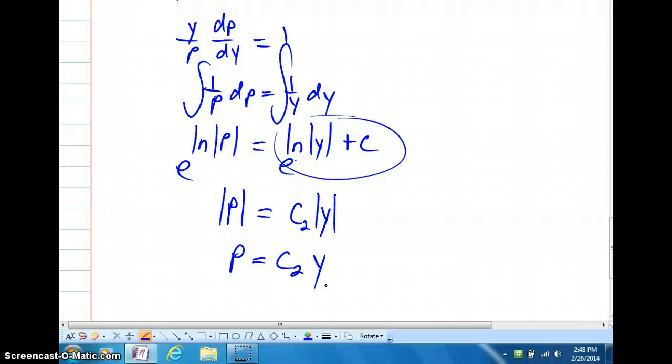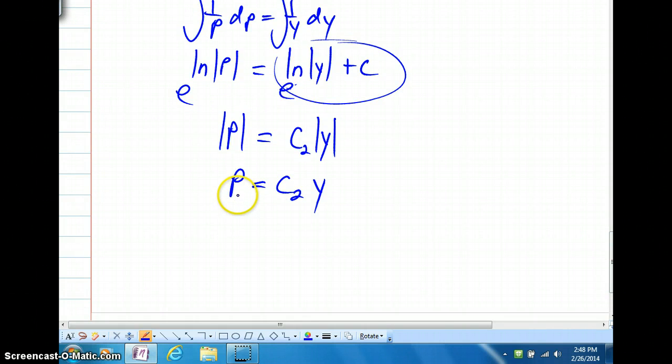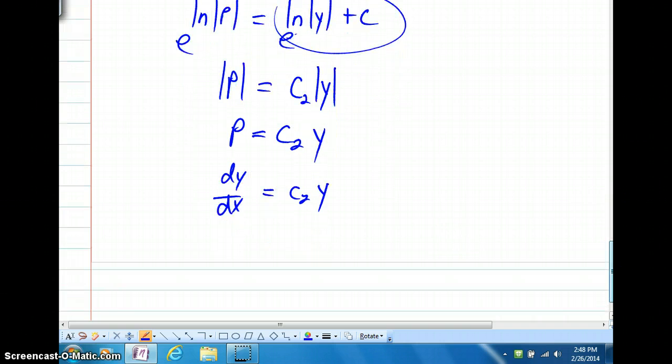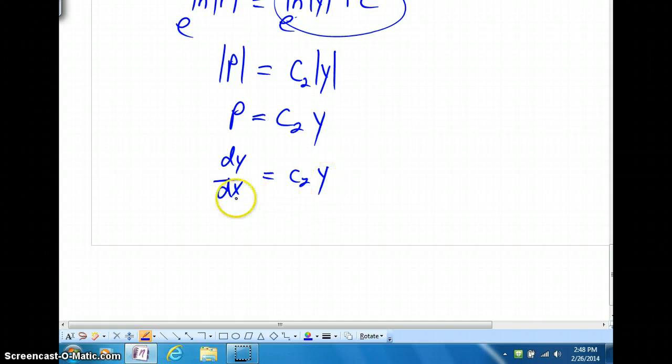The thing is, p is actually what? dy dx. Okay. So now what? Well, we're almost done. Another separable differential equation. Take a look at that.